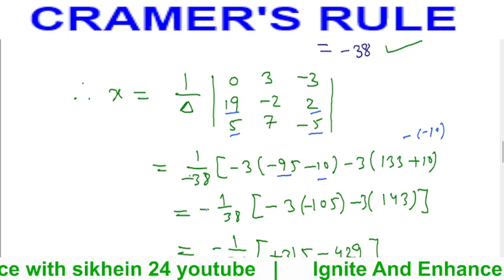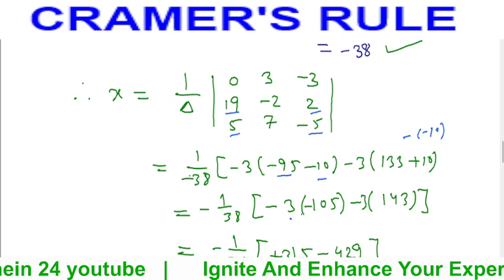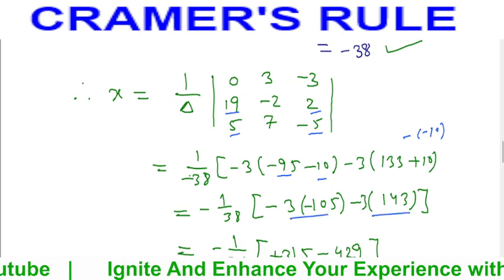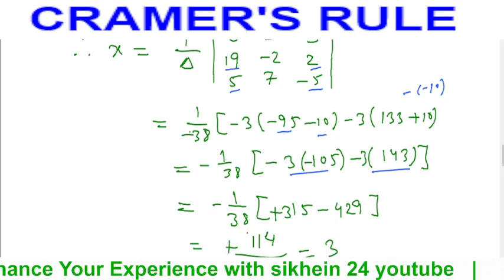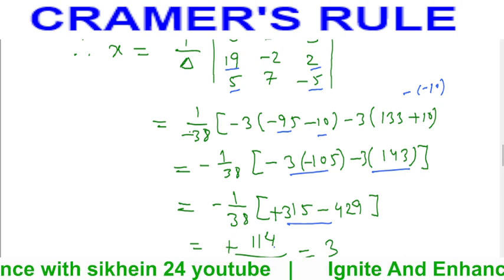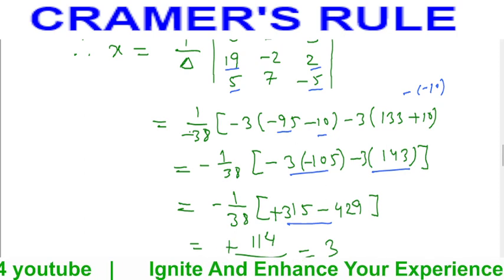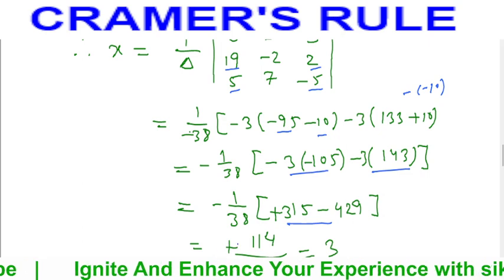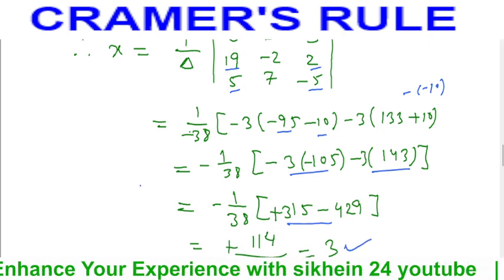Next, minus 1 by 38, calculate it and we get this one. Minus 1 by 38 times this one, we get minus 114 divided by 38, minus and minus, according to the integers rule, equal to 3. We get the x value 3.